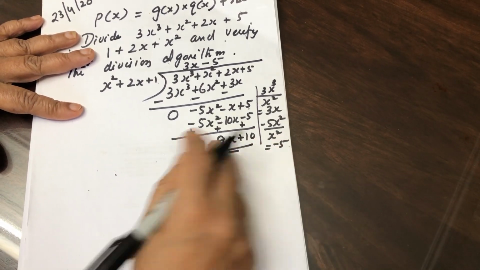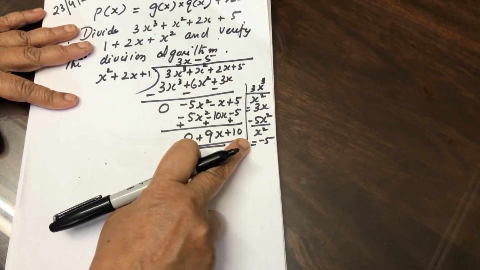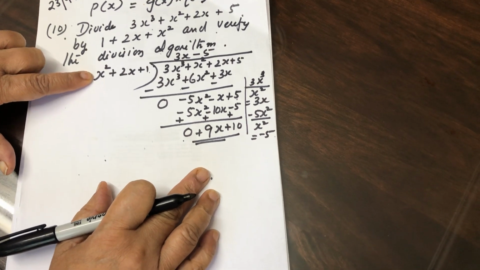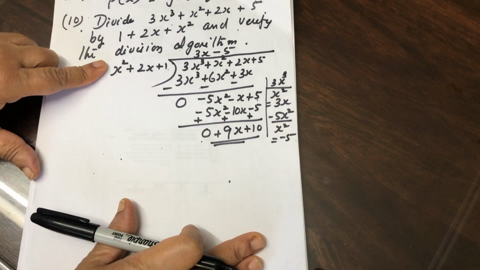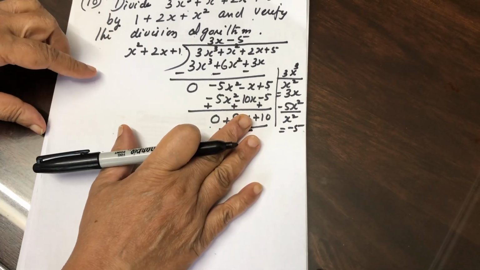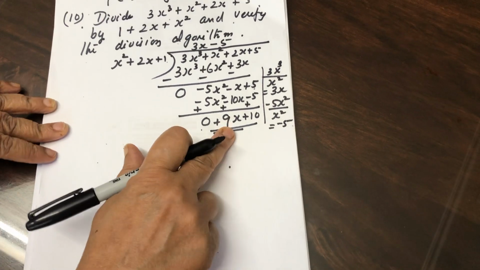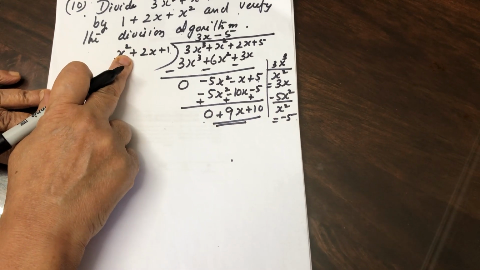Now you see here, what is the degree of this remainder? 9x + 10, the degree is 1. What is the degree of this divisor? The degree is 2. You cannot continue the division process; you have to stop it here. Therefore, in this case, the degree of the remainder is less than the degree of the divisor.